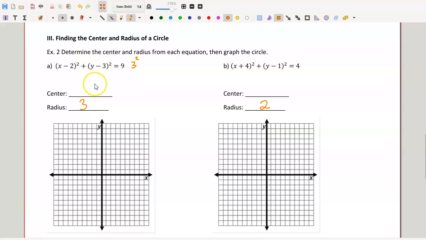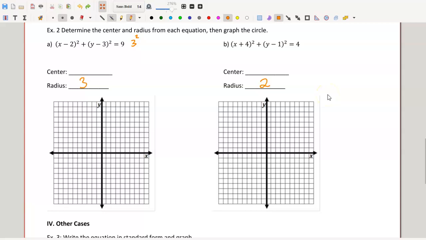I just put this here separately because it actually is missed very often. Right? Now, if it was like 13, you could say the radius is root 13. That's fine too. It's okay to have a radical as a radius. Okay. All right, go ahead and finish the rest of those 2. All right, just find the center and go ahead and graph it and check if you need to. Again, this is all review. All review from geometry.